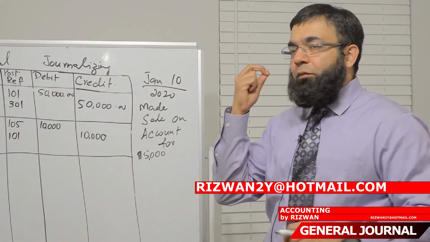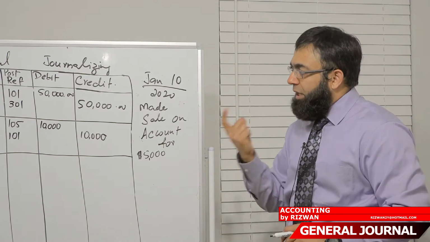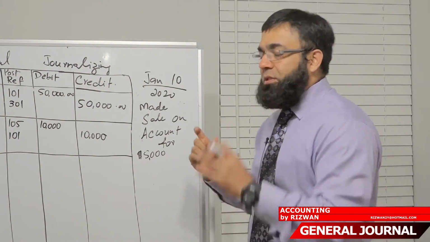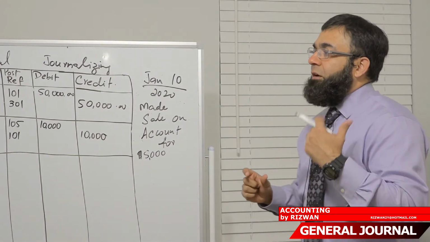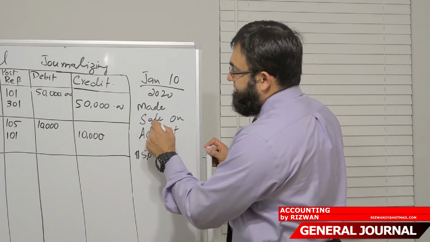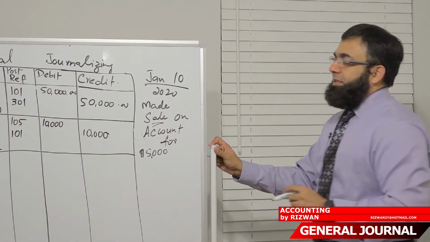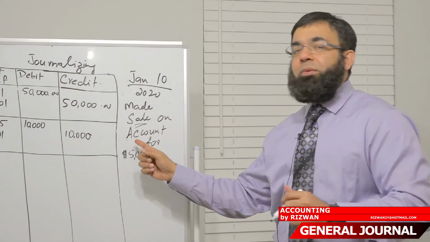So in this case, you need to figure out which two accounts should be affected. Again, I'm telling you that you have to pick up those keywords. If you understand those keywords, it will be easier for you to understand which account is going to be affected. First of all, the sales account. Since you made a sale and you have to receive money, the sale was made on account.